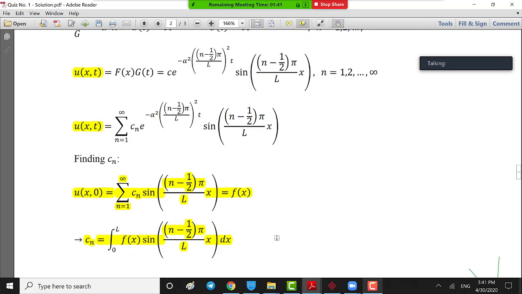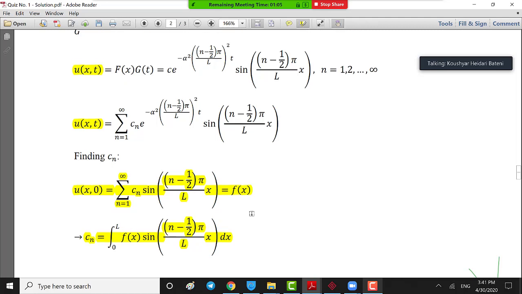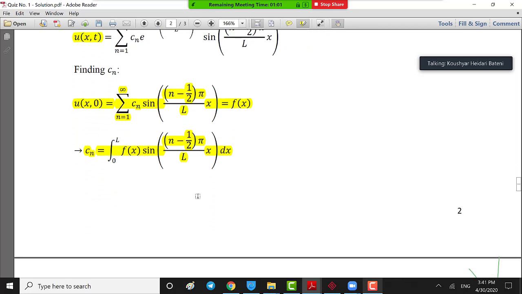But when you're not sure, you have to do some calculations in your mind and then include the result here. But you have to know how this result is achieved, because in some cases you're not sure what the Cn is going to be, and in those times you have to do the calculations anyway. So you have to know how we reach these formulas for the coefficients in the third step.